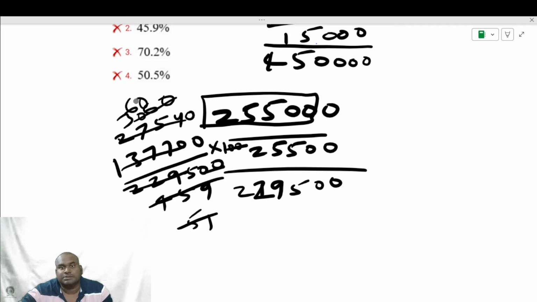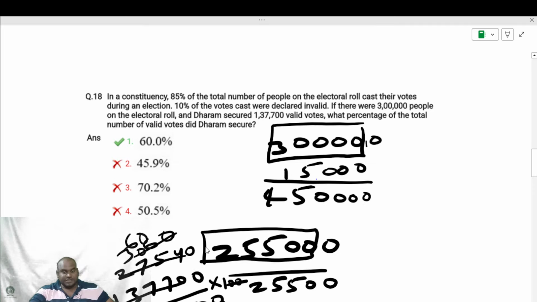So 60%. So we got it as 60%. This is the first option.